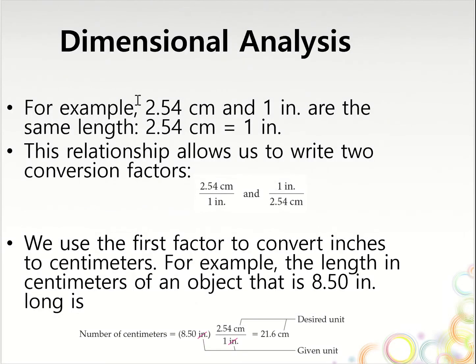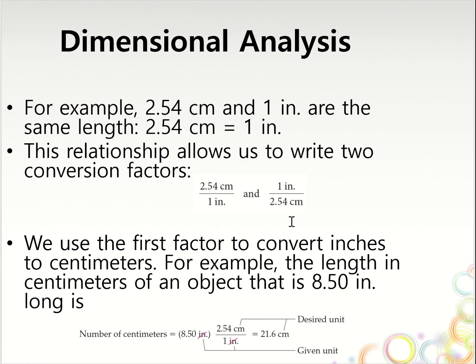For example, 2.54 centimeters and 1 inch are the same length, right? It's the same thing in different units. That's the conversion factor. This relationship allows us to write two conversion factors, one with the centimeters as the numerator or as the denominator. It doesn't matter. They are equal, so they cancel out each other.